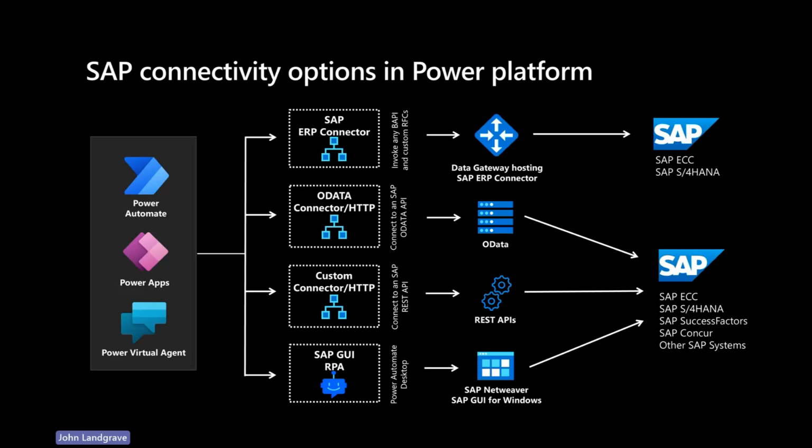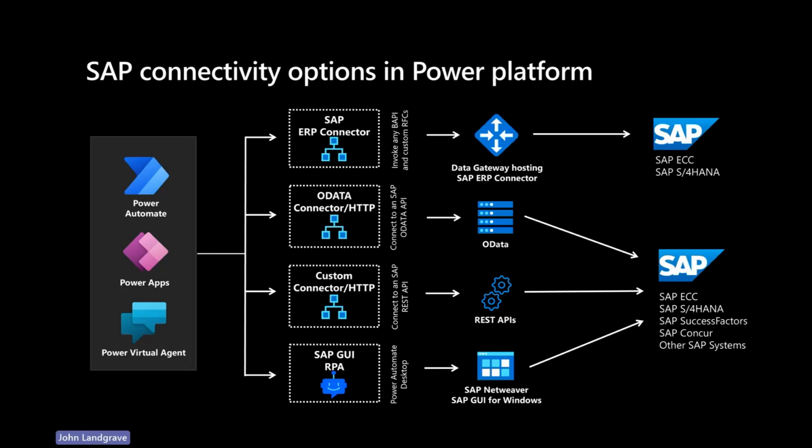So, we have RPA, we have customers using RPA. There are certainly cases in a truly low-code only environment where you have citizen devs trying to stitch together Power Platform applications that include SAP access, but they don't know anybody who knows SAP. It's an easy entry-level point for them to go in and consume SAP using RPA.